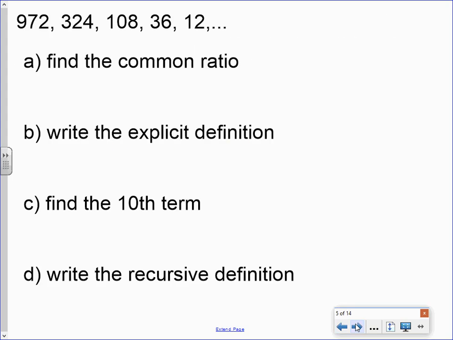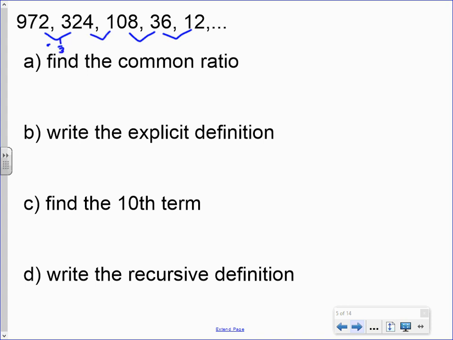All right, we're going to do a couple examples, which are written in your notes for you. In this example, is it geometric? Yes, because we are doing what from term to term? Multiplying by what? We're multiplying by 1/3.